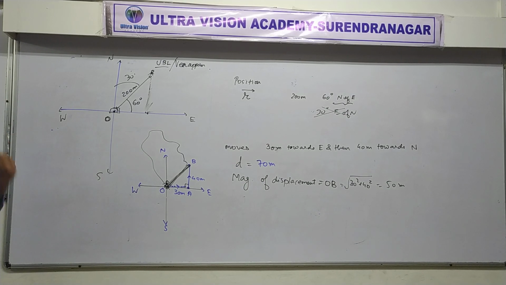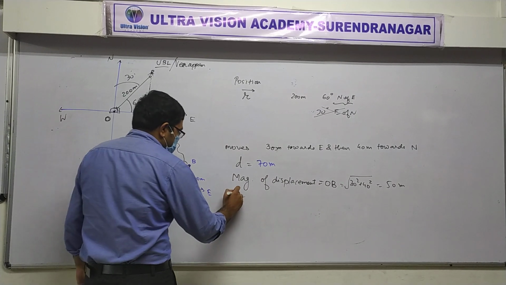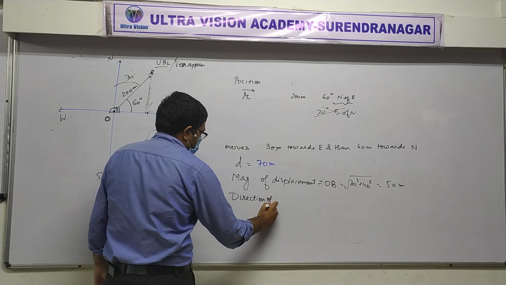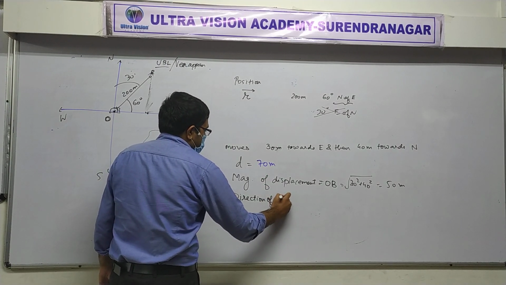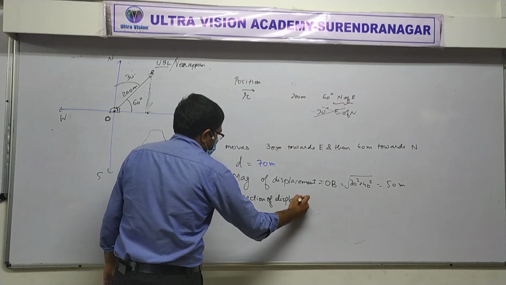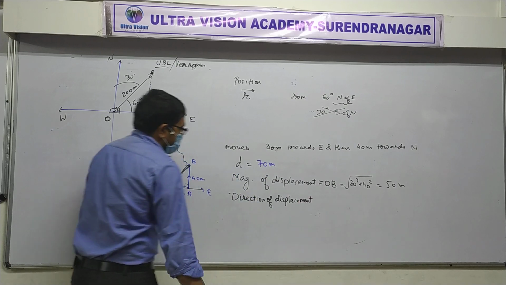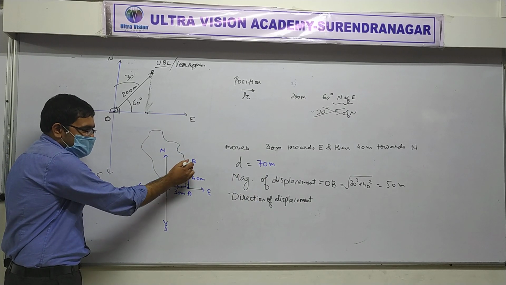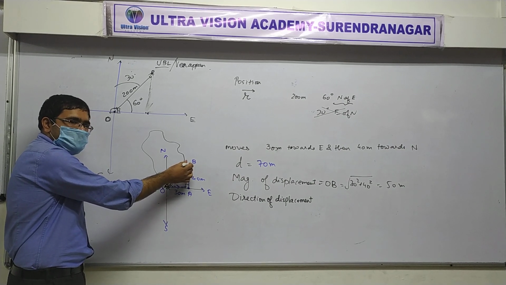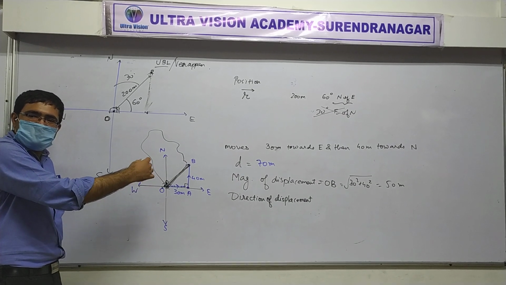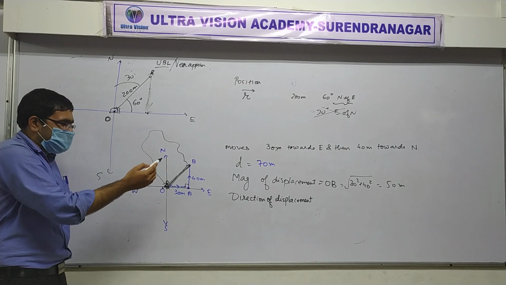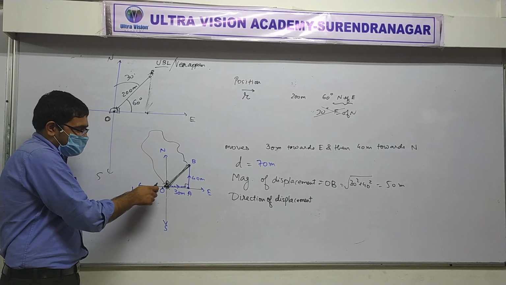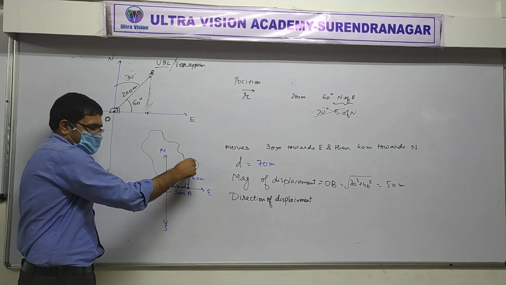Now if I would ask you one more thing. Can you tell me the direction of displacement? Displacement is from this point to this point, from initial point to the final point. Remember, displacement only depends on where it starts and where it stops.